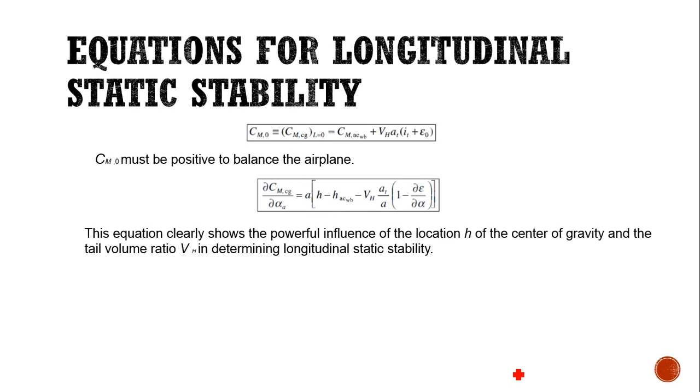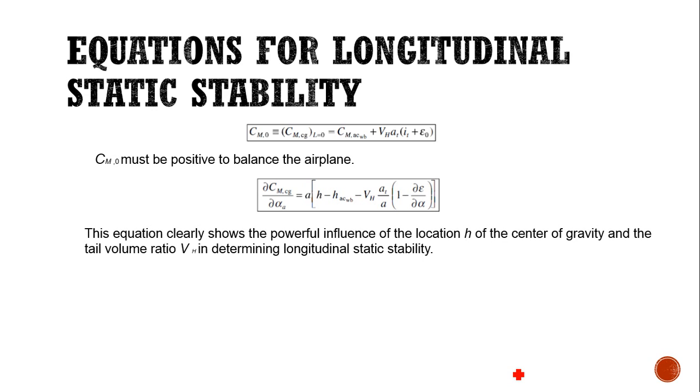So the next thing is the equation for longitudinal static stability. As we have discussed earlier, for longitudinal static stability, Cm0 must be positive and dou CmCg divided by dou alpha must be negative.